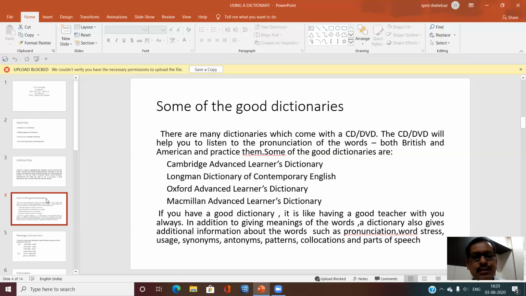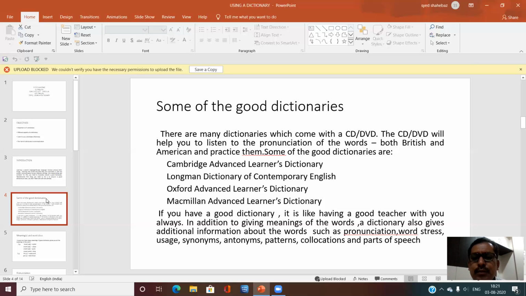The first is Cambridge Advanced Learners Dictionary. Advanced Learners means it is not a concise dictionary. It is not a pocket dictionary. It is an Advanced Learners Dictionary. The students at the intermediate level and the diploma level can use Advanced Learners Dictionary.